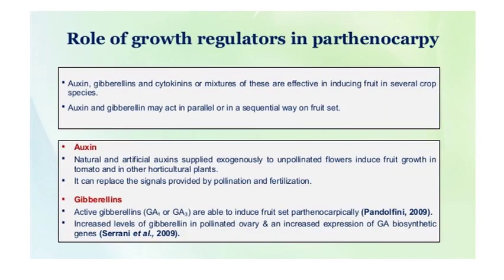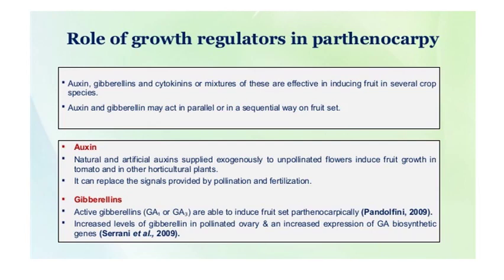In this slide, we are going to discuss the role of growth regulators in parthenocarpy. The growth regulators auxins, gibberellins, and cytokinins, or a mixture of these, are effective in inducing fruit in several crop species. Auxins and gibberellin may act in parallel or in a sequential way on fruit set.